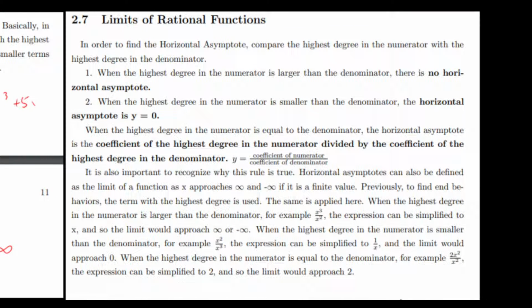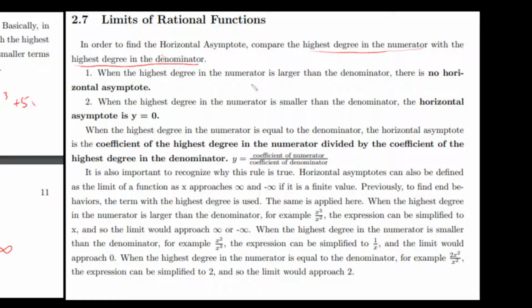Now let's look at limits of a rational function. Now, there's 3 rules. And for me, I think it's important to know why these rules happen. So this is for finding a horizontal asymptote, which is when there's a y value that the function will never touch. And in order to find what the horizontal asymptote is, we compare the highest degree in the numerator to the highest degree in the denominator.